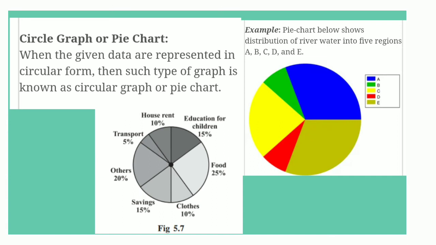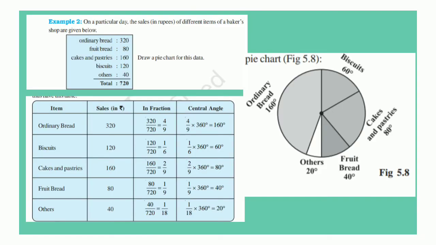That means 10 degree, 20 degree up to 360 degree, because we know the center angle of the circle is 360. So we have to convert the data into degrees, and after that by using a protractor we draw a pie chart or circle graph.